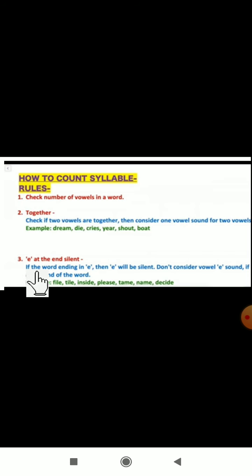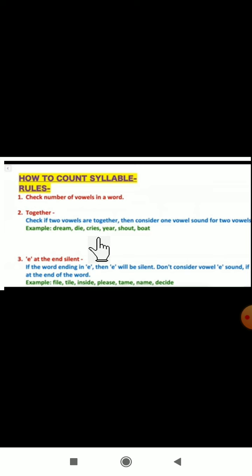If the word is ending in E, then E will be silent. Don't consider the vowel E sound if it is at the end of the word. If the word is ending with the E alphabet, E should be silent, and you can't consider it. So we don't have to consider it.